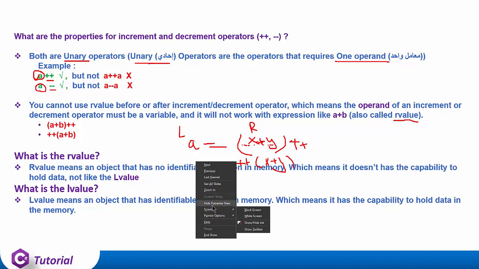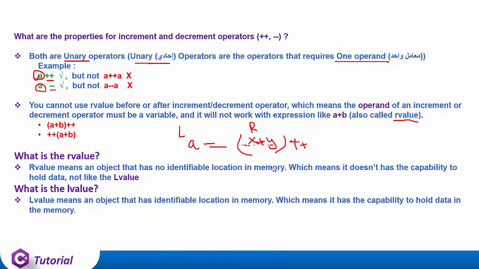So the R value means that it has no identifiable location in memory, which means it doesn't have the capability to hold data, not like the L value, of course.